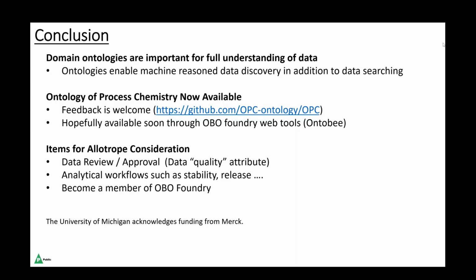For top-down, basically, we look at process chemistry and identify what's needed at a high level to cover the field. Then you can identify many terms in the domain, and try to align with even higher-level ontologies, like the Basic Formal Ontology and other things.